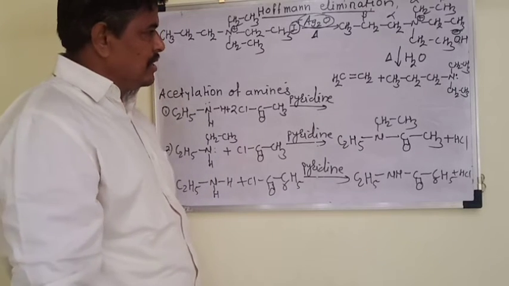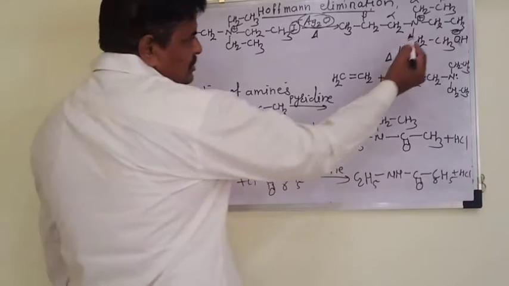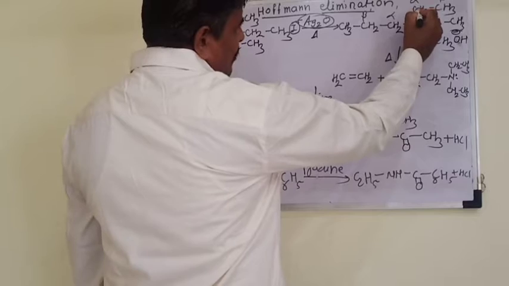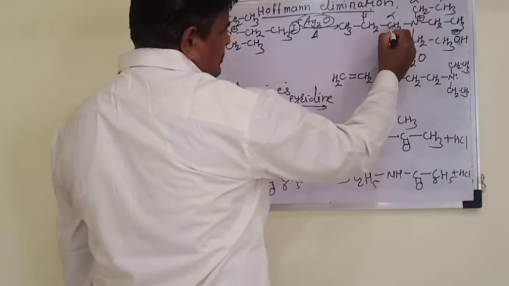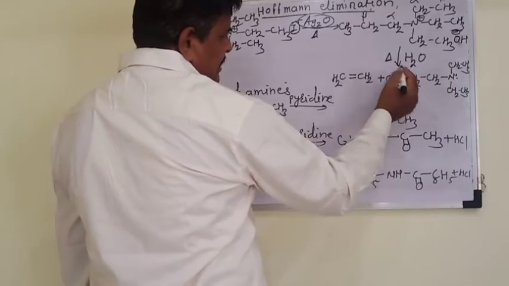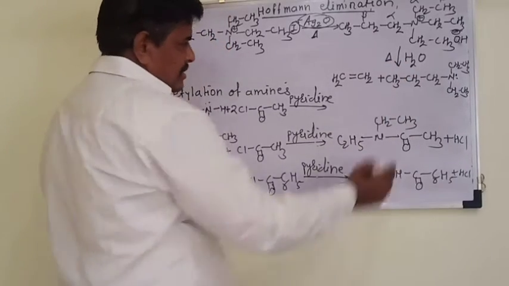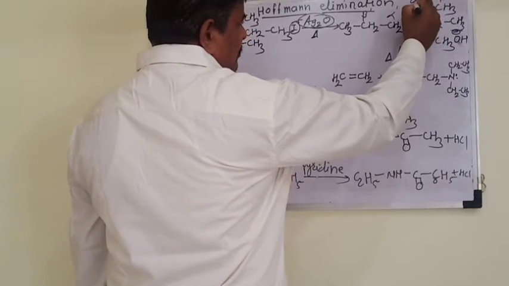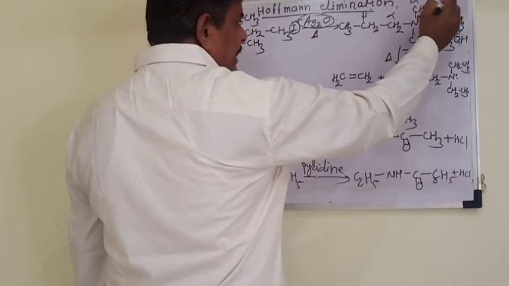Triethyl propyl ammonium hydroxide contains alpha carbon, beta carbon, alpha dash, beta dash, etc. When it is heated, it undergoes dehydration, where a hydrogen atom is eliminated.